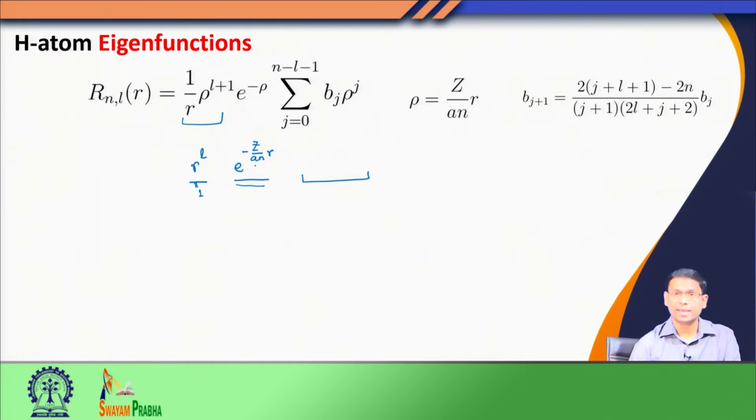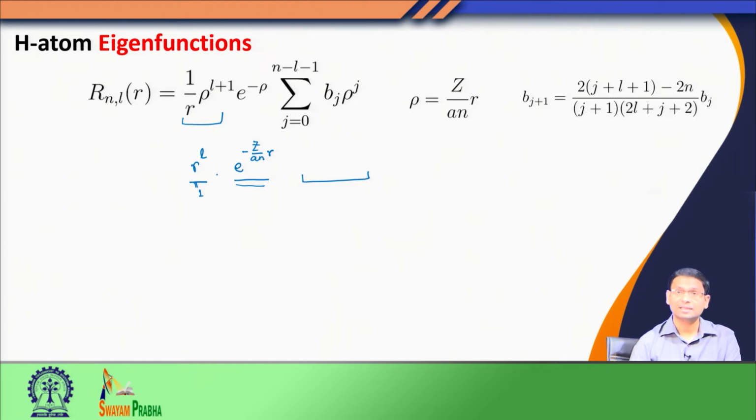As I increase my n, I am talking about now 1s, 2s, 3s, 4s, where n is increasing, or 2p, 3p, 4p, where n is increasing. So, when n becomes larger, the constant in the exponent becomes smaller, and therefore what I would experience is a slow decay of this function. This exponentially decaying function will have a slower decay for larger value of n.